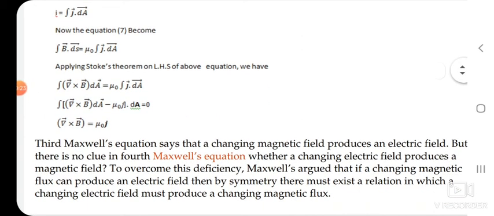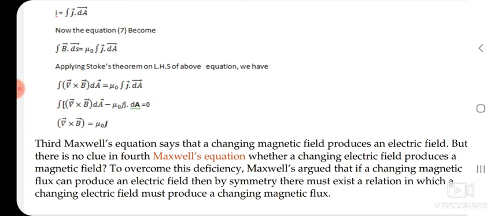The third Maxwell equation says that a changing magnetic field produces an electric field. But there is no clue in the fourth Maxwell equation whether a changing electric field produces a magnetic field.